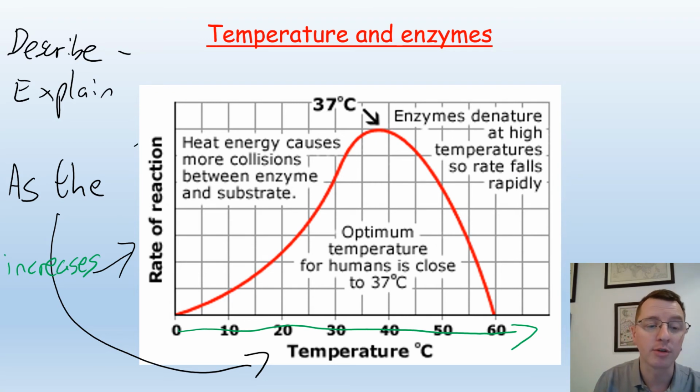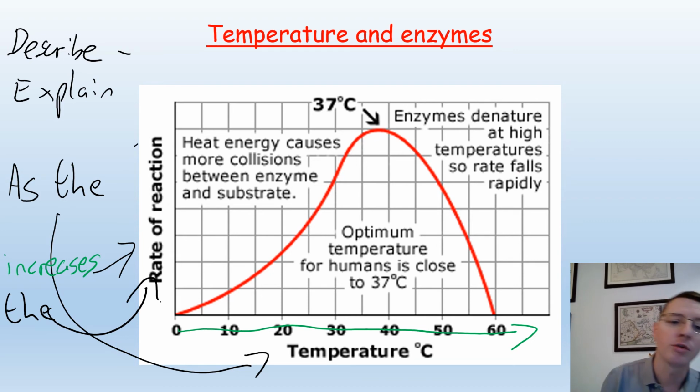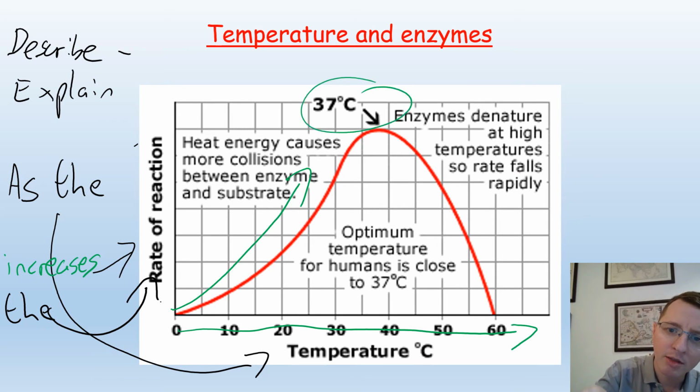Then we carry on our sentence to say "the". And we look at the other axis, the y-axis, and all we do is copy it down. As the temperature increases, the rate of reaction, and then we have to think, and this is the only hard bit, what's happening to our line here? It's increasing. As the temperature increases, the rate of reaction increases up to this point here, 37 degrees.